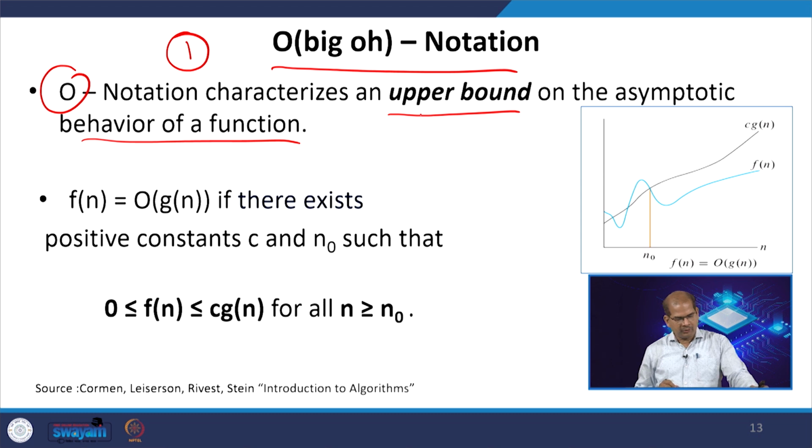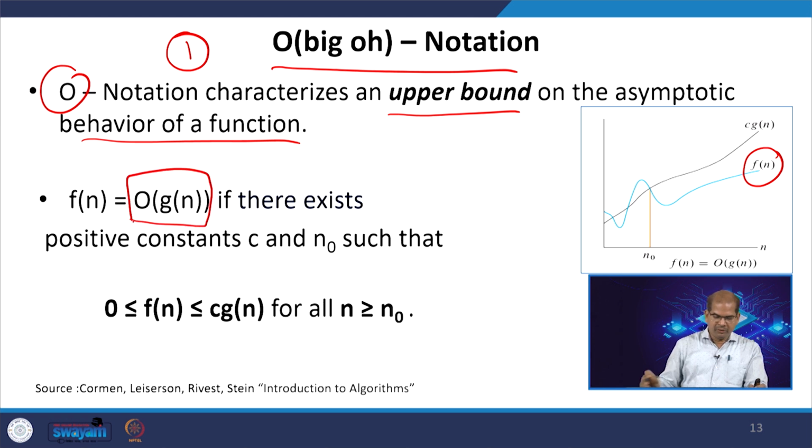What does the upper bound mean? I have a function f of n, and this function is given to me. Basically I need to express it in terms of big O of g of n if there exist two constants c and n naught such that 0 is less than or equal to f of n, which is less than or equal to c of g of n, for all n greater than or equal to n naught. What does it mean?